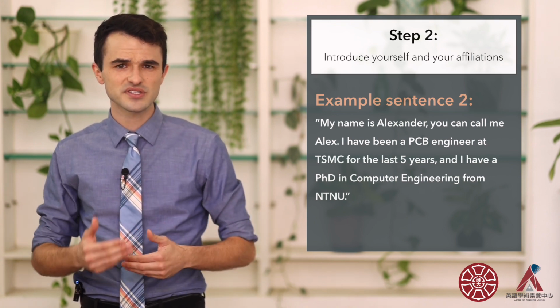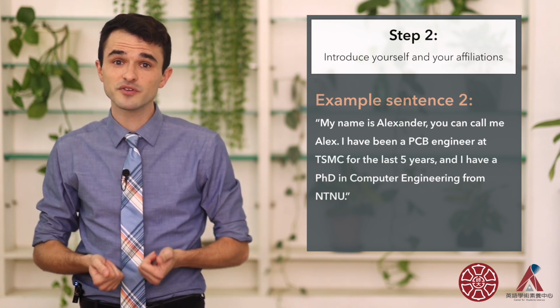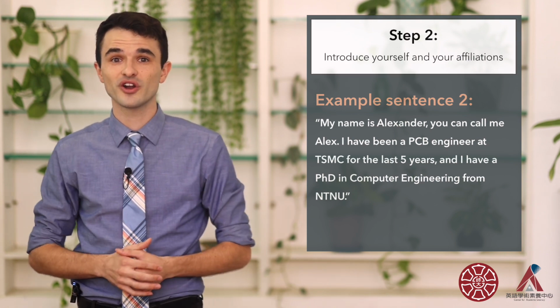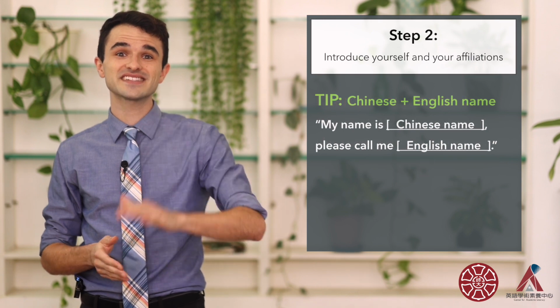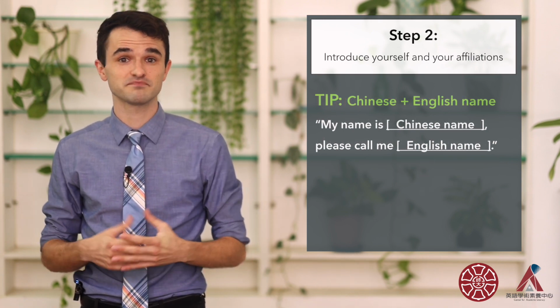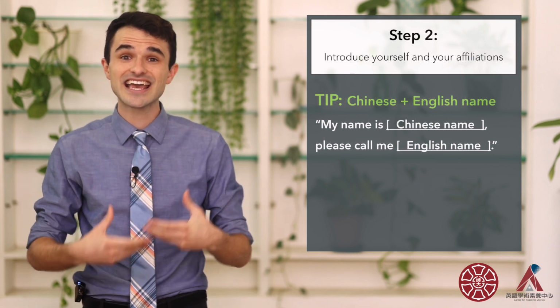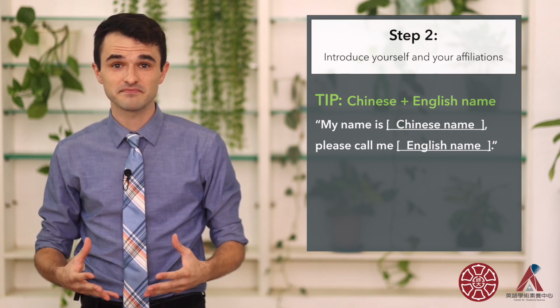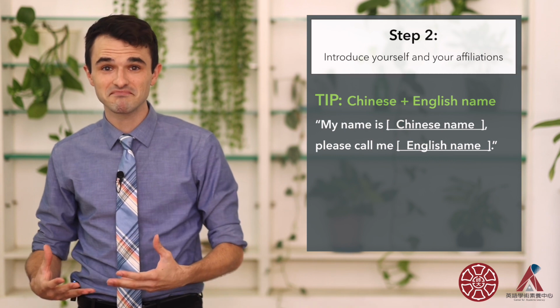Notice how these examples establish your credibility and provide useful information about you to your audience. Here is a tip for those of you that have maybe a Chinese name and an English name. Say, my name is, please call me.